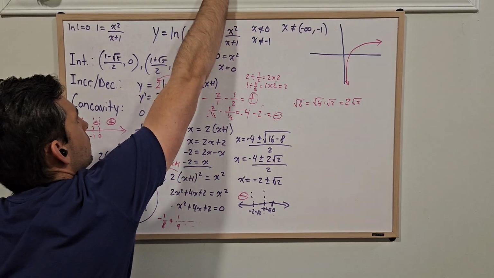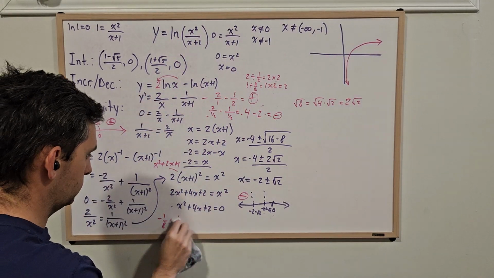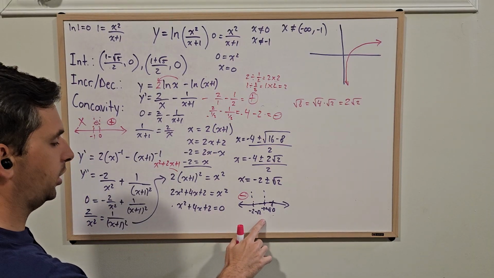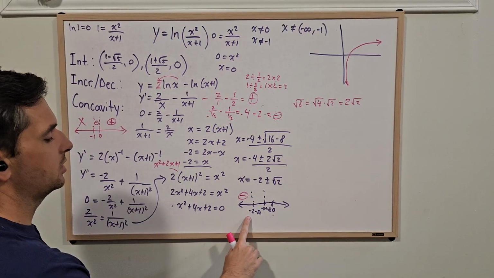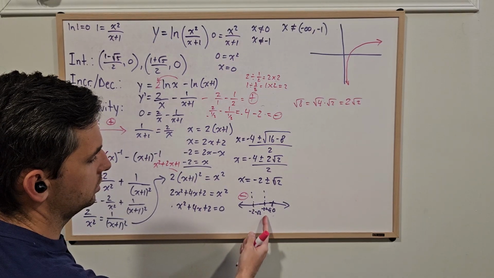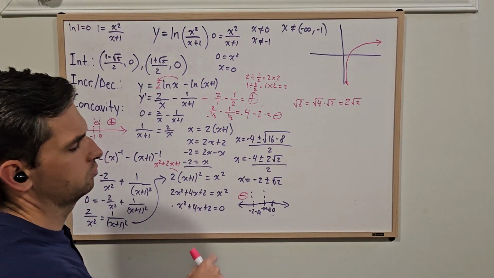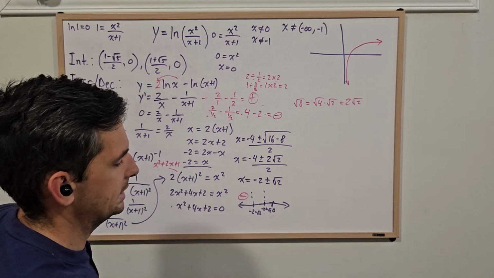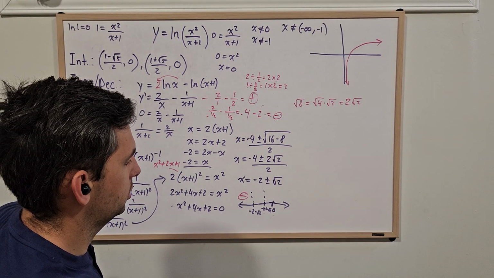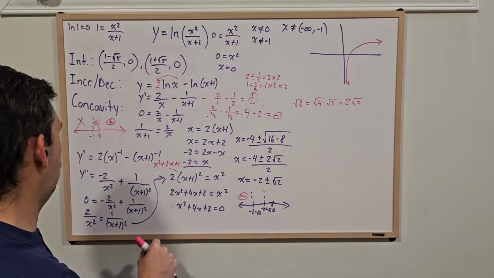Plugging in something in between negative, that was like 3.4, and this is negative 0.6. So I'm going to go ahead and plug in negative 1.